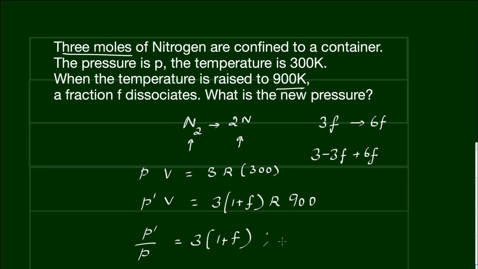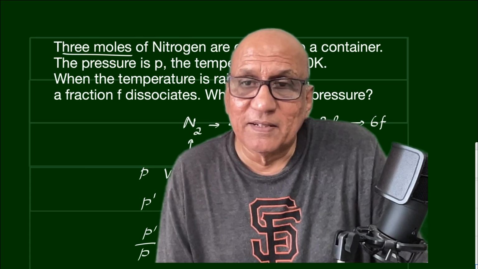So the final answer, what is the new pressure? The new pressure is the old pressure multiplied by 3 times 1 plus the fraction of dissociation. That's your answer. That's it as far as the problems are concerned.